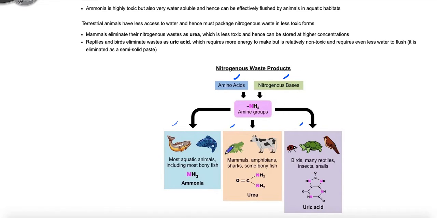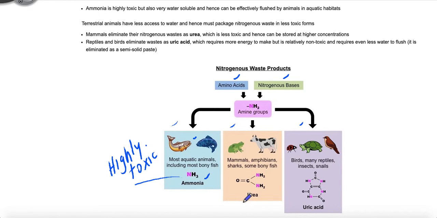But depending on the habitat, the environment of the organism, and also the evolutionary history of the organism, the waste product that they release can vary. For example, most aquatic animals, including bony fishes, release ammonia. Now, ammonia is highly toxic, but this is not a problem for these aquatic animals because they can flush out that ammonia because they live in water and they can take large amounts of water into their body, and therefore that is possible for them to do.